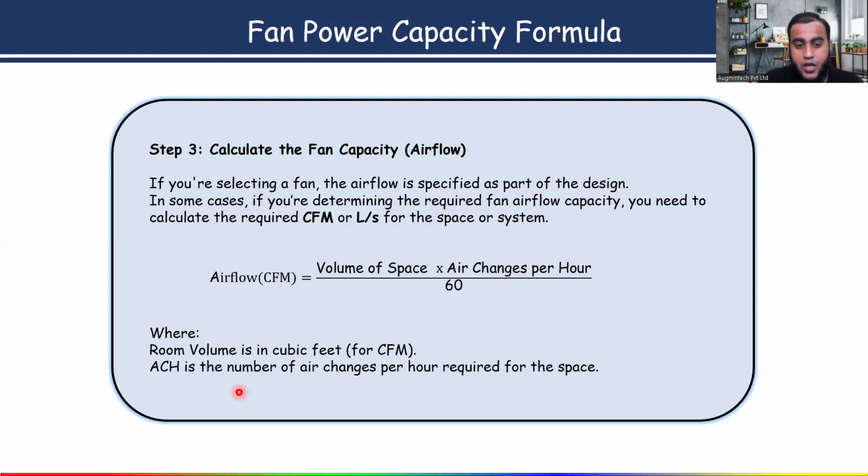So ACH is the number of air changes per hour required for the space. Suppose it is a toilet area, how many times we have to change the air, all details are given in ASHRAE ventilation standard 62.1. Suppose it is a kitchen area, how many times we have to change the air, all details are given.